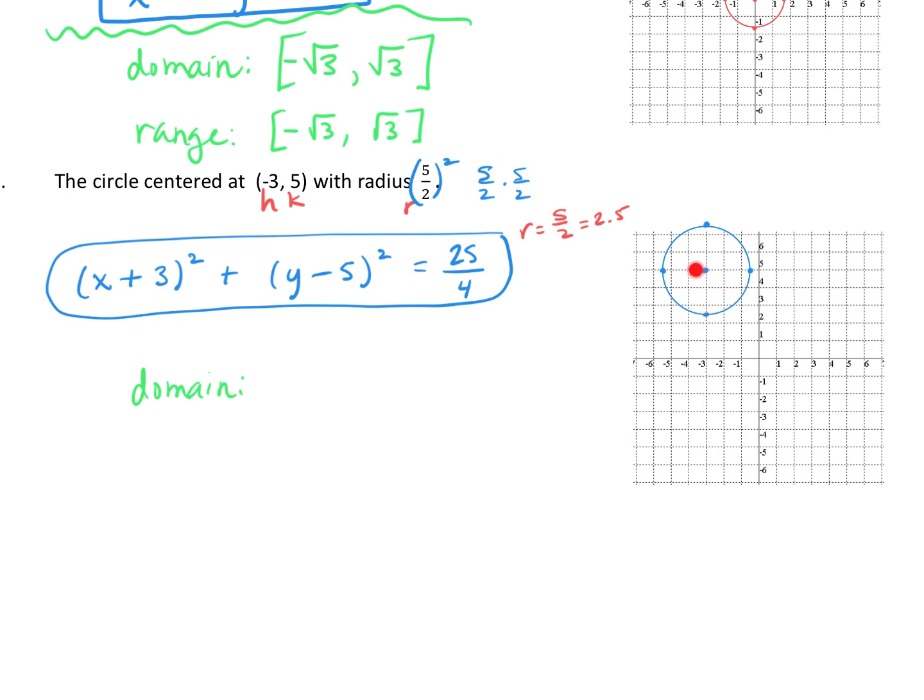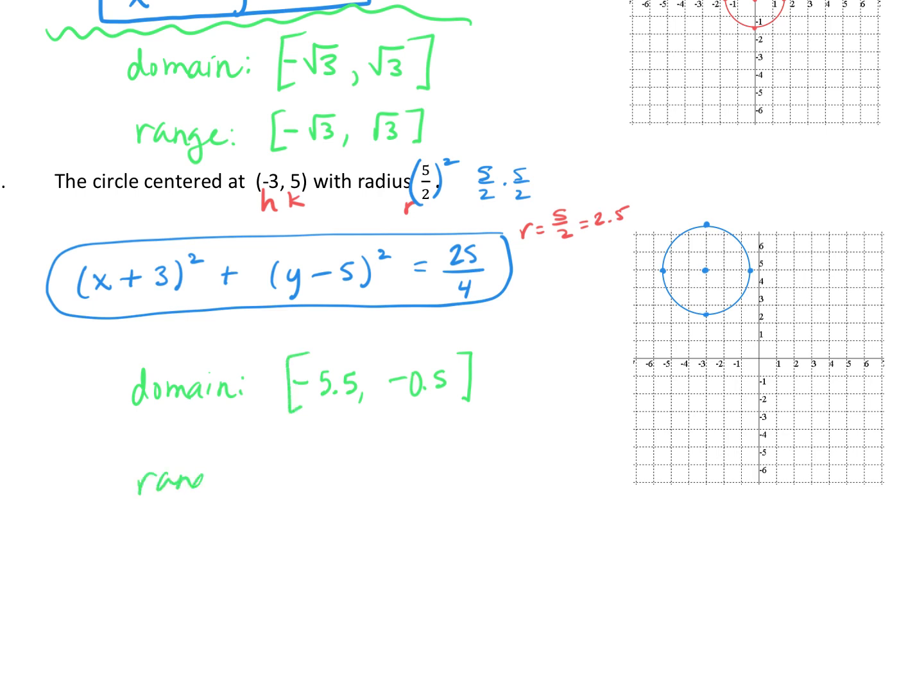We're going to go to the left 2.5 units. That puts us at negative 5.5. That is the smallest value of our domain. The largest value, we were at negative 3 and we moved to the right 2.5 units. So that is negative 0.5. Those are included in the domain, so we use brackets.